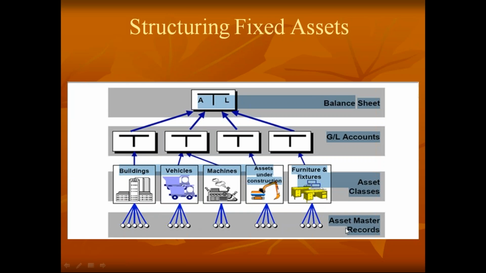All these individual assets we'll be creating at the asset master level. Okay. Now these individual assets will be linked to one common asset class. That means all the buildings will be linked to asset class buildings. All the vehicles will be linked to asset class vehicles. Similarly, the machinery and the respective assets.